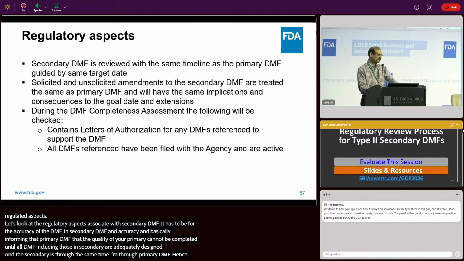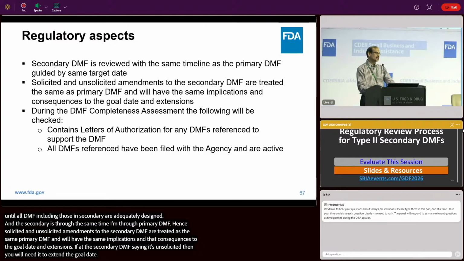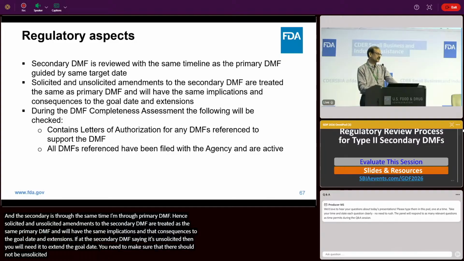For example, if the secondary DMF holder submits a late unsolicited amendment, then we may need to extend the goal date, even though it is not the primary DMF. So the primary DMF holder needs to make sure there are no unsolicited amendments submitted to the secondary DMFs. If we receive them, then we may need to extend the goal date.